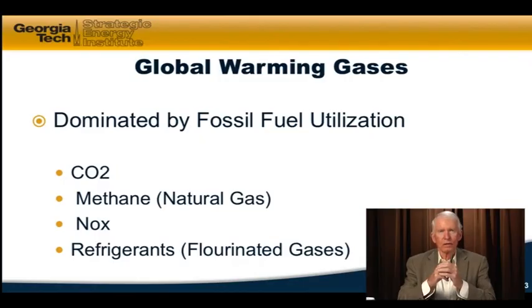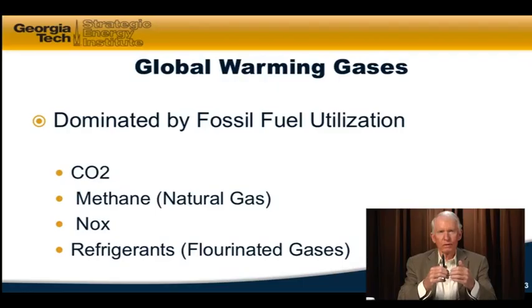The other one is nitric oxide, NOx. NOx is produced when we have combustion that produces high flame temperatures. And the reason the NOx is produced, there's no nitrogen in the fuel, but there's nitrogen in the air that we have to put into our combustion process to get the oxygen.